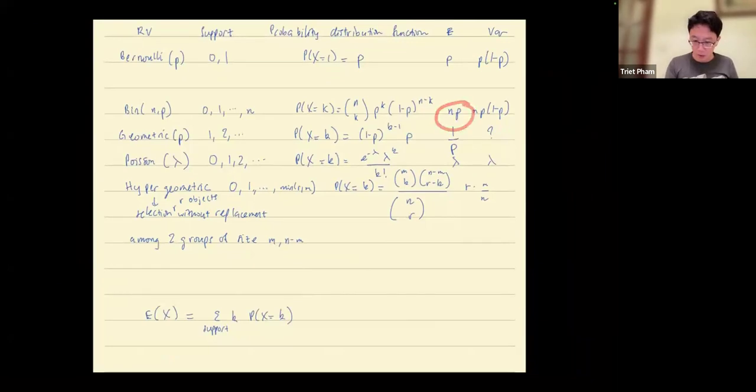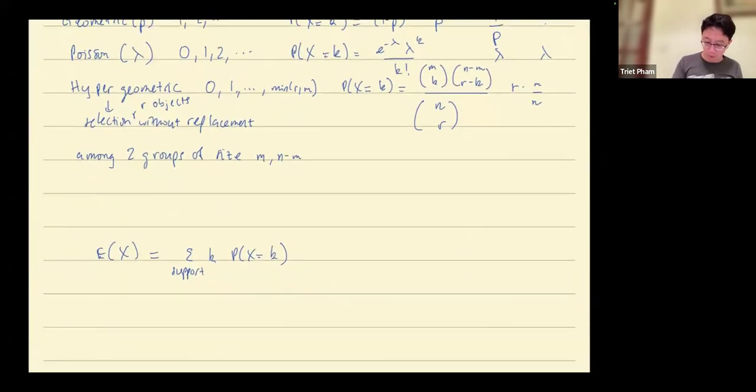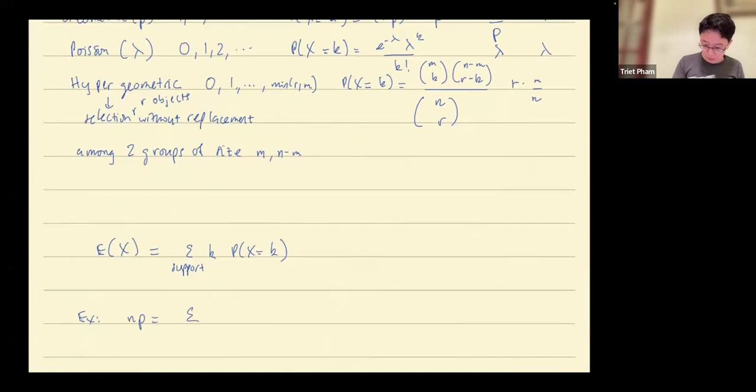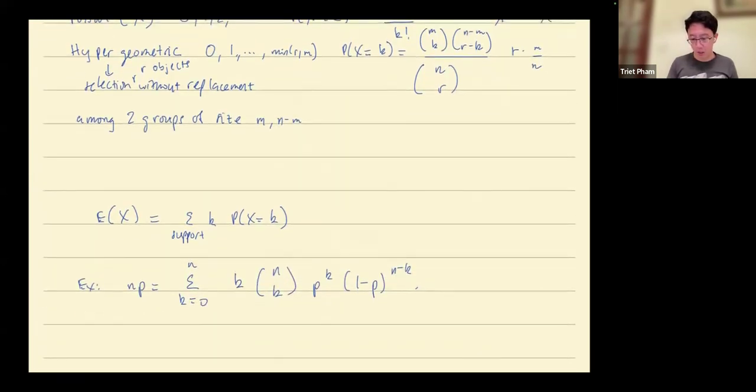For example, we assert that N times P, the expectation of the binomial, is the sum over K from 0 to N of K times N choose K, P to the K, 1 minus P to the N minus K. Now, I would strongly challenge anyone who thinks that it is easy to prove this identity for the binomial distribution.